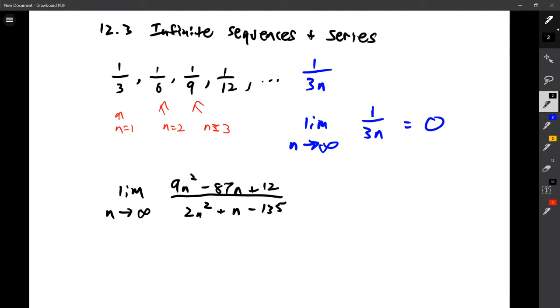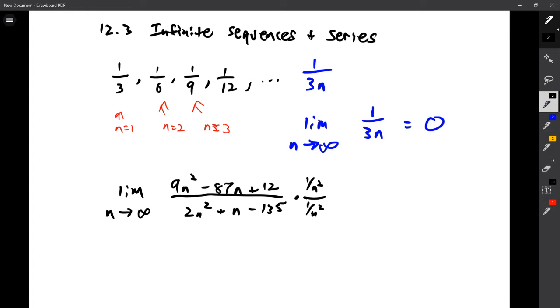You might recall from earlier that we have talked about how to evaluate limits like this. When evaluating a limit as n approaches infinity, you could multiply the top and the bottom by 1 over the highest power of n that you have. In this case, it'd be 1 over n squared over 1 over n squared. I'm just multiplying by 1, which I can totally do.